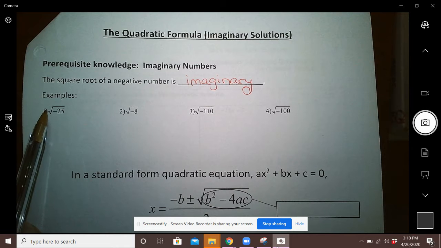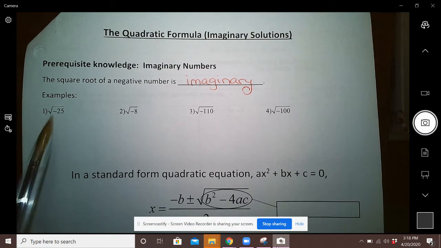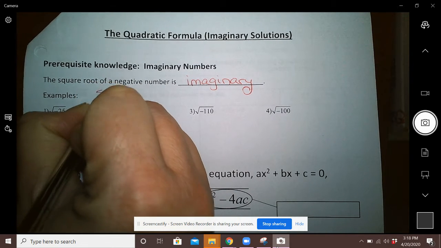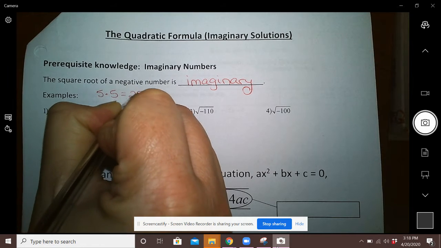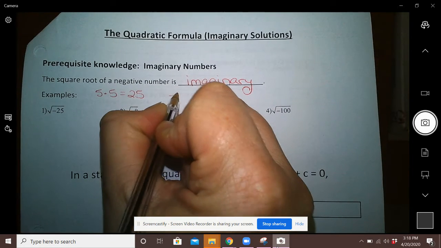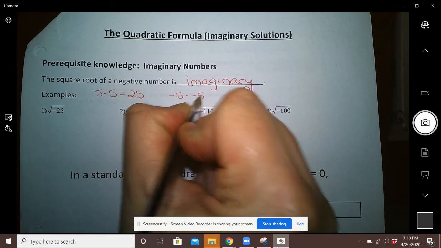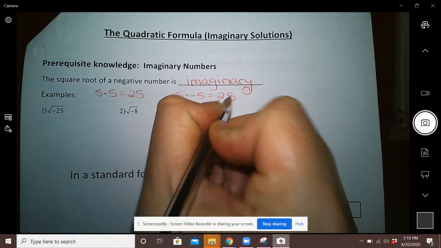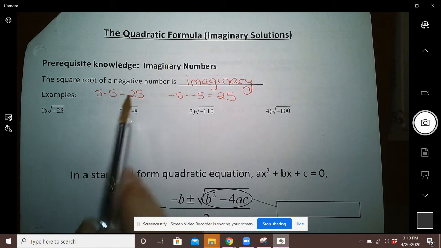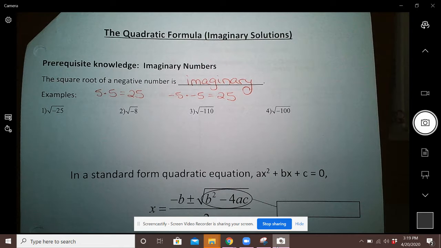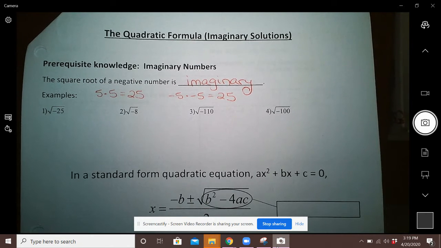If we use positive 5 times itself, that is positive 25. And if we use negative 5 times itself, that's also positive 25. So we have no real numbers that can multiply by themselves, which is what squaring is, to give us a negative value. So that's where the introduction of imaginary numbers comes from.